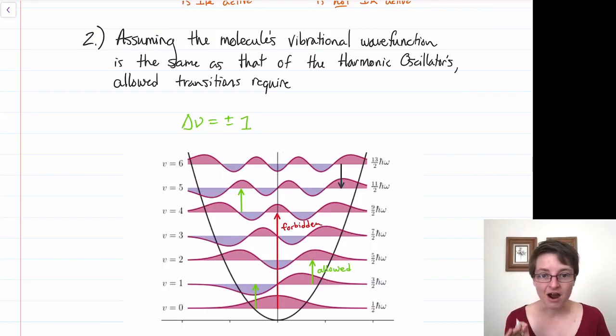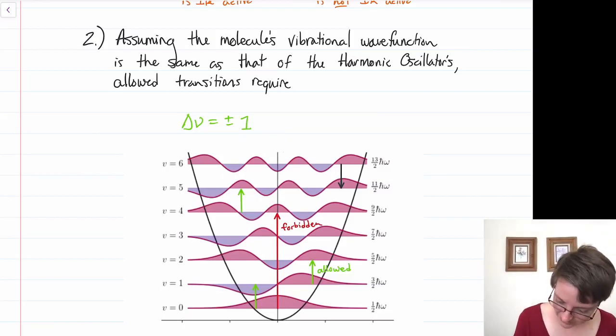And so our vibrational motion is allowed to transition between the nu equals 0 state and the nu equals 1 state, but it's not allowed for us to transition between the nu equals 0 and the nu equals 4 state, because that would require us to move up many different energy levels.